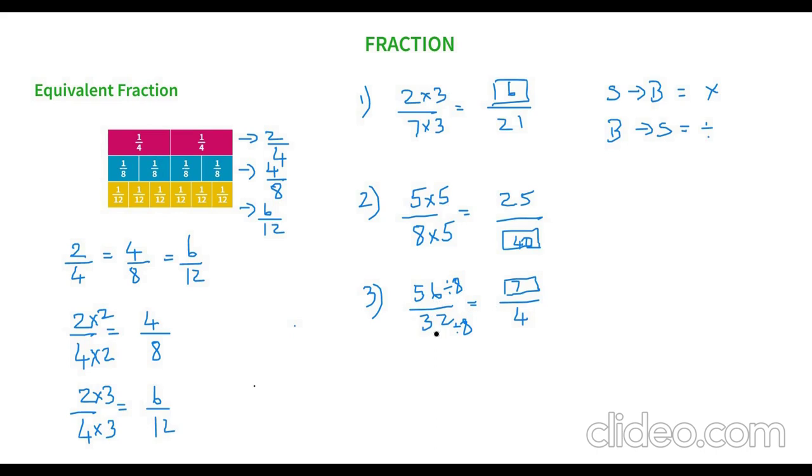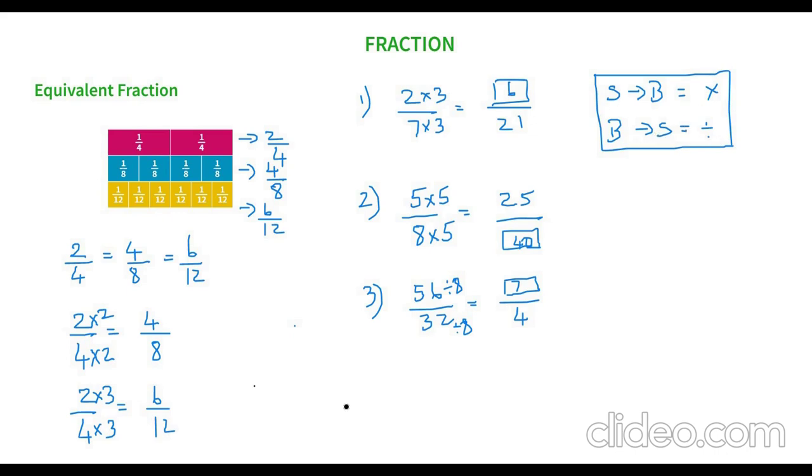So now 56 by 32 is equal to 7 by 4. Isn't it easy? I have divided the denominator by 8 and the numerator also by 8. So it's very simple. You can remember this rule. From a smaller number, when it goes to a bigger number, you need to multiply. From a bigger number, if it goes to a smaller number, we need to divide. This rule is very important.